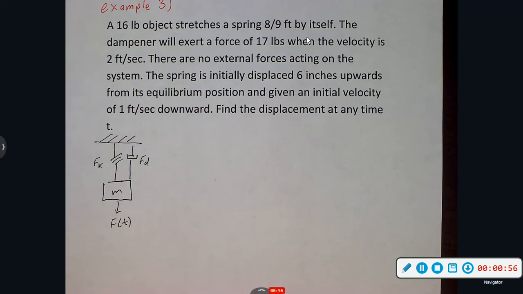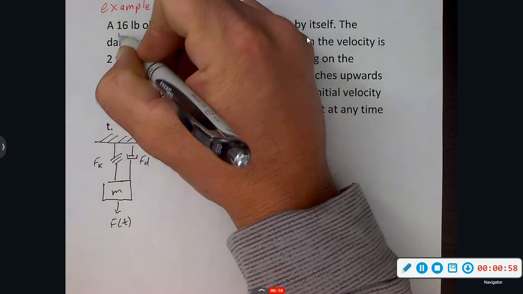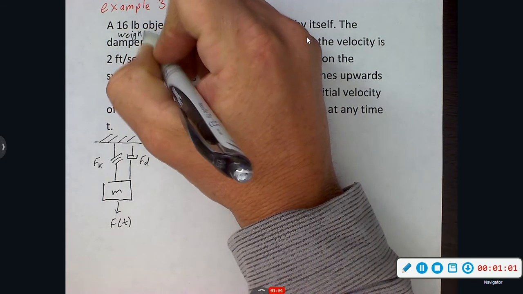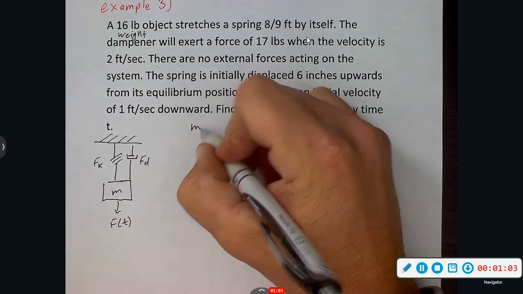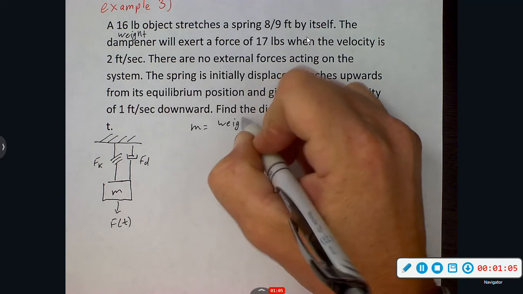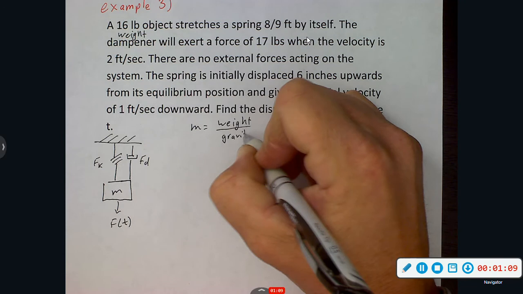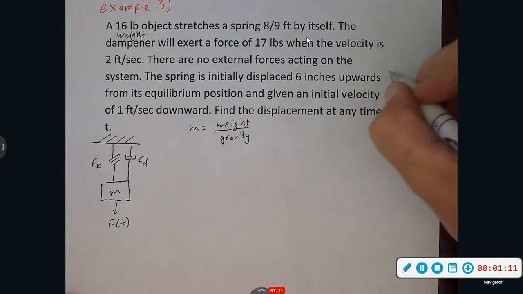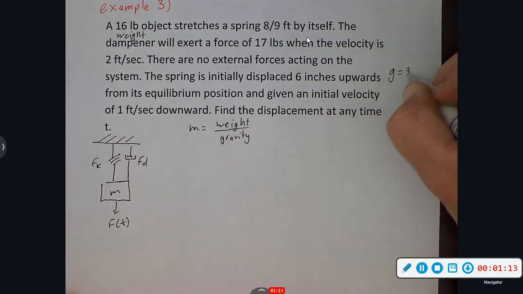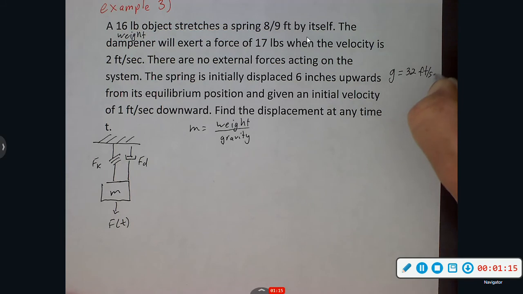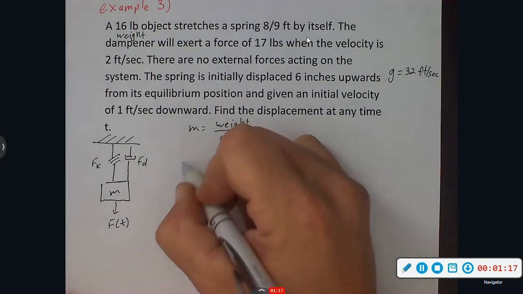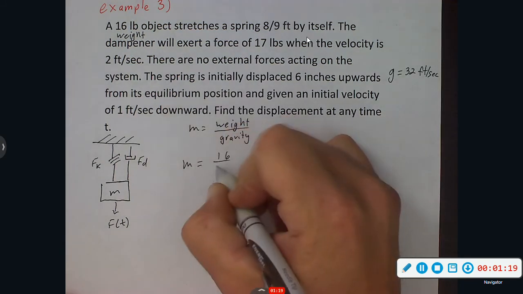So just to remind ourselves, this is our weight. Mass is equal to weight over gravity. And we're using gravity as 32 feet per second squared in each of our problems. So mass is equal to 16 over 32. We did this before.